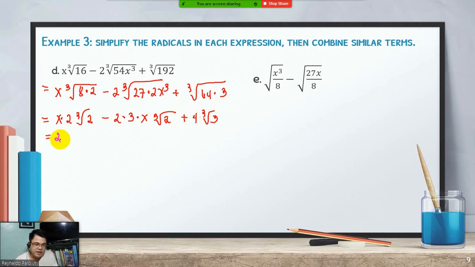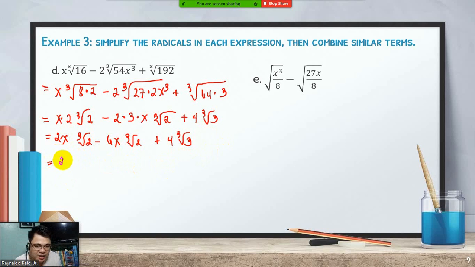Next, simplify. 2x cube root of 2 minus 2 times 3 is 6x cube root of 2 plus 4 cube root of 3. We will now combine similar terms. Okay, so only 2 of the radicals are similar because they both have cube root of 2, but the other one is cube root of 3. So therefore, we cannot actually combine it to the third one. Right?